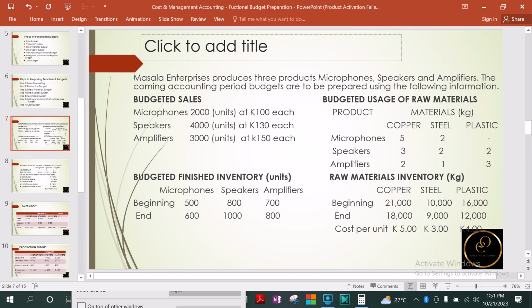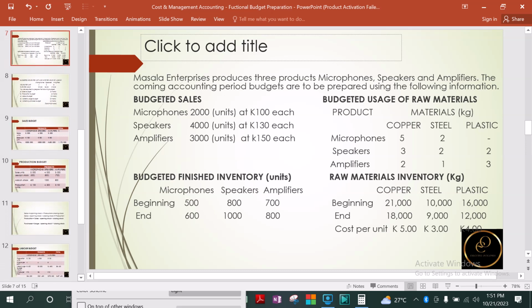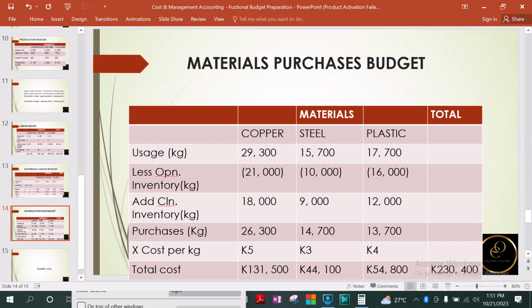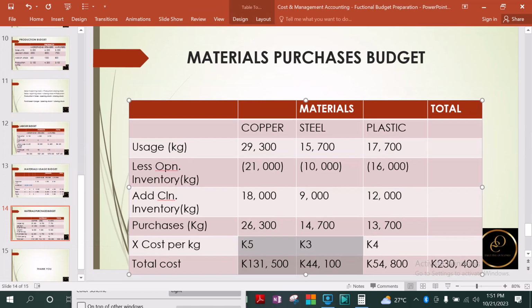So all you need to do is multiply to find the total cost for those quantities to be purchased. 5 kwacha times 26,300 is 131,500 Zambian kwacha. 3 kwacha times 14,700 is 44,100 Zambian kwacha. 13,700 times 4 kwacha is 54,800 Zambian kwacha.